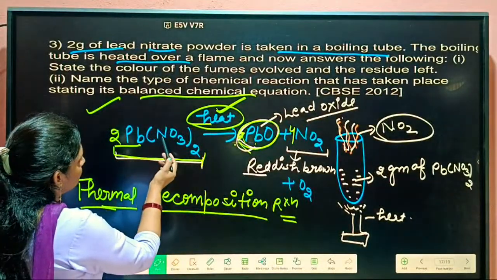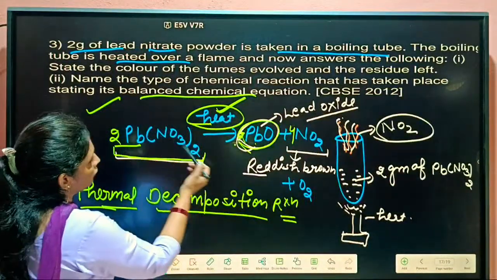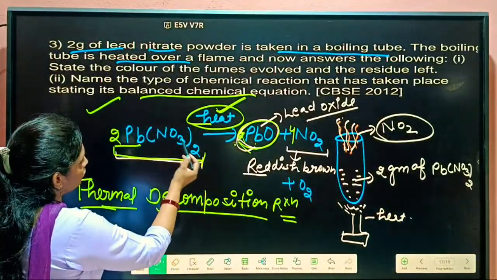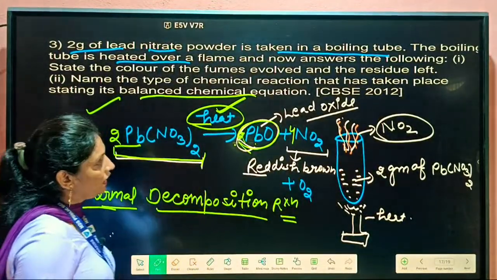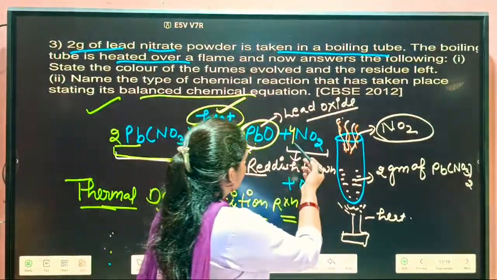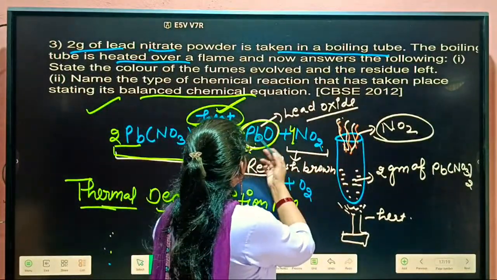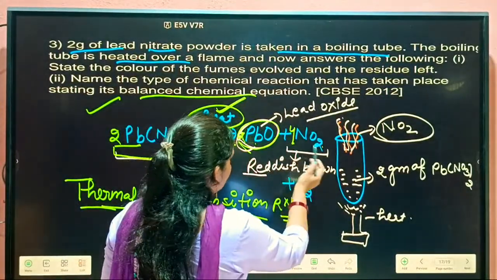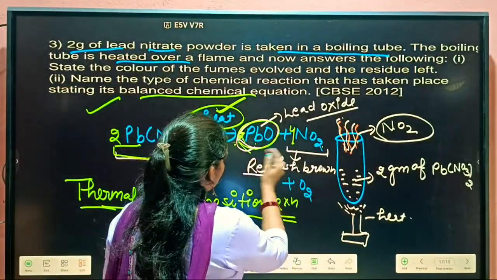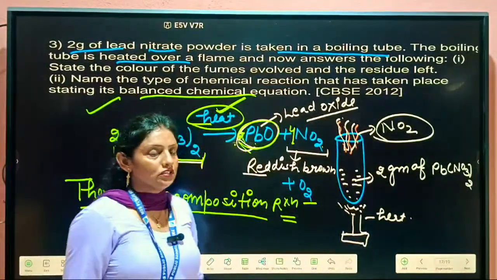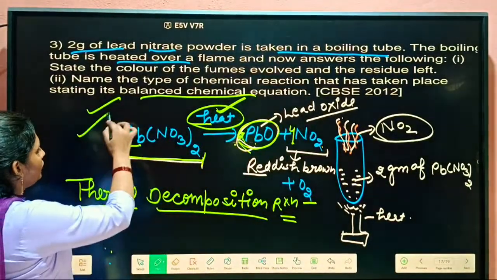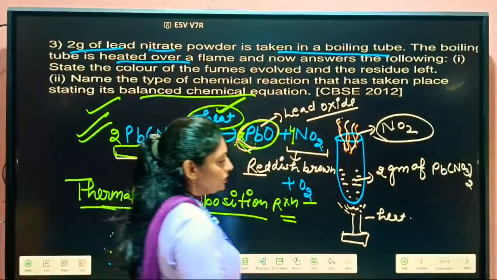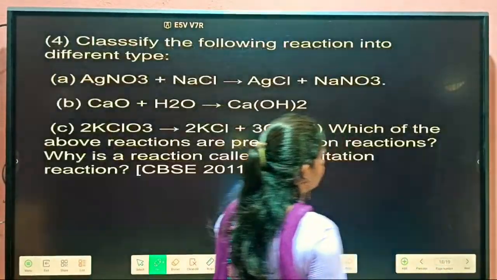Here 2 into 2 is 4 nitrogen, here also 4 nitrogen. Here 2 into 6 is 12 oxygen. Here 2 plus 8 plus 2 is 12 oxygen. So it is a balanced chemical equation now. I hope this question is also clear to you, students.